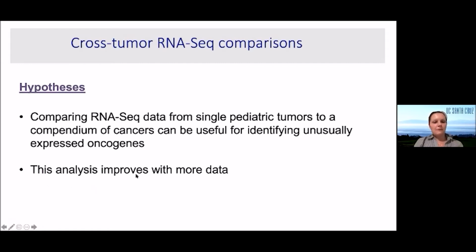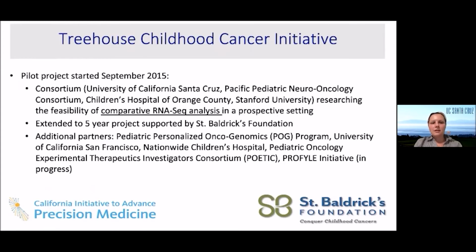And we also further hypothesized that this analysis would improve the more data we have, because then we would be able to compare it to more cases and really highlight unique overexpression events. So with that in mind, we started the Treehouse Childhood Cancer Initiative.